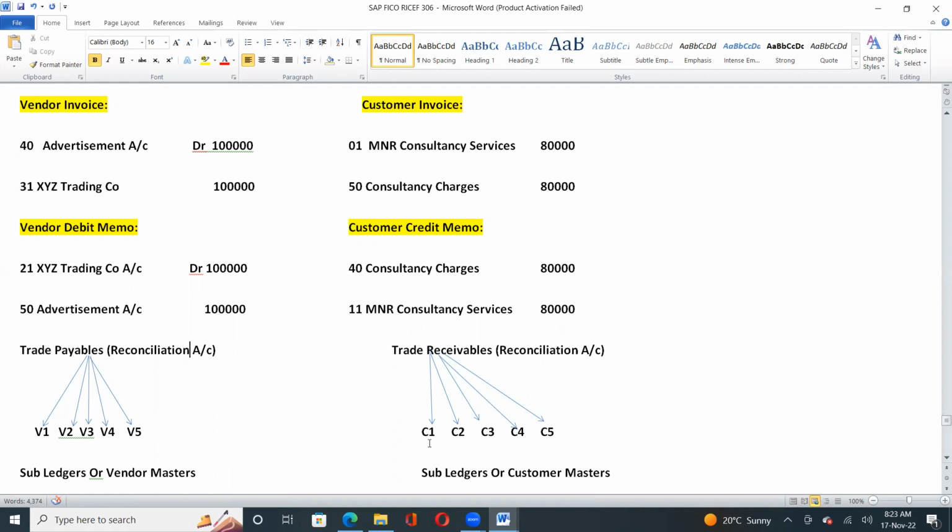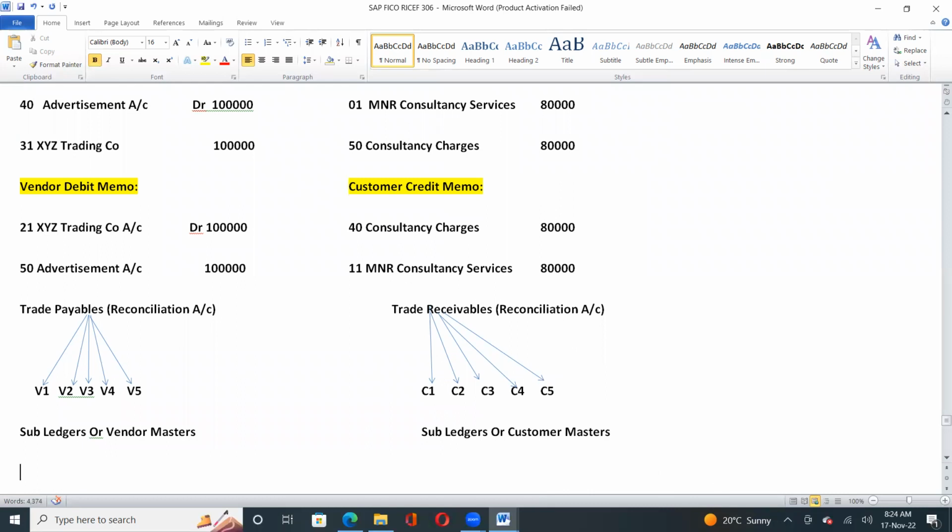And here we call customer accounts subledger accounts or customer masters, vendor master data, or customer master data. Okay. So the vendors and customers, we can classify them with the number ranges. Okay, so here.